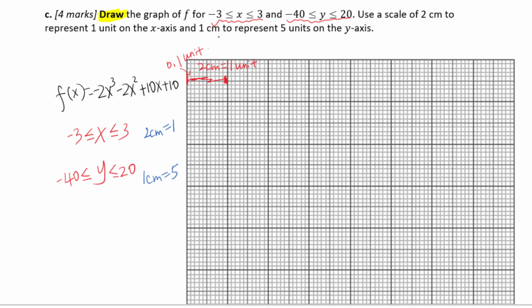And 1 centimeter represents 5 units on the y-axis, which means this small unit stands for 1 unit.